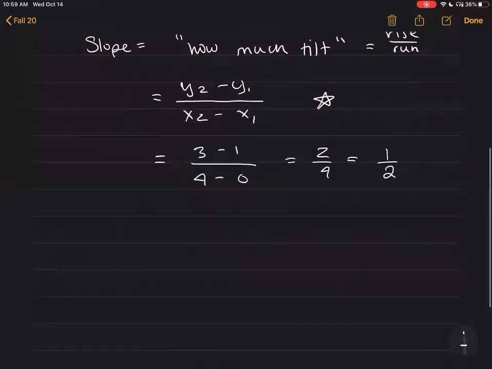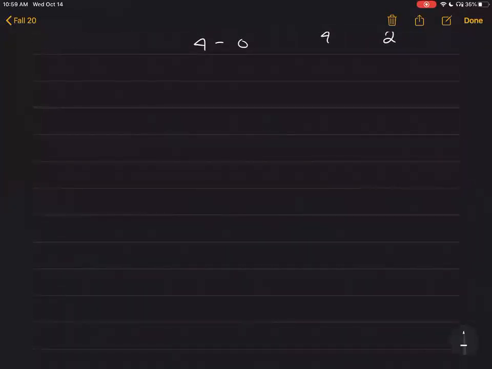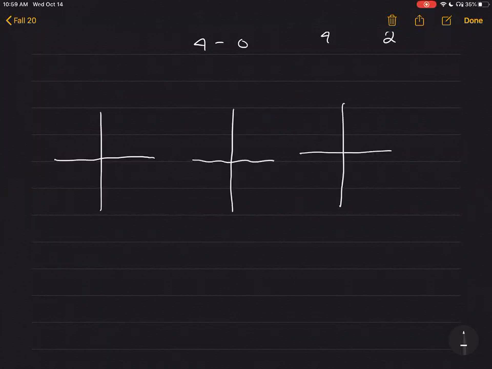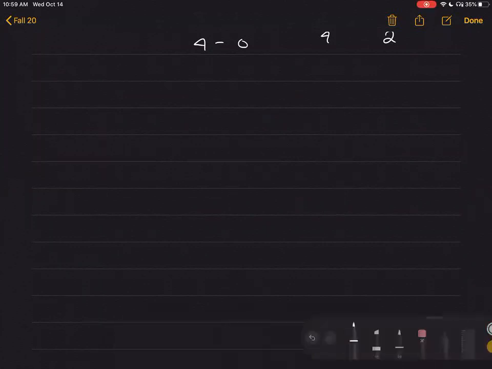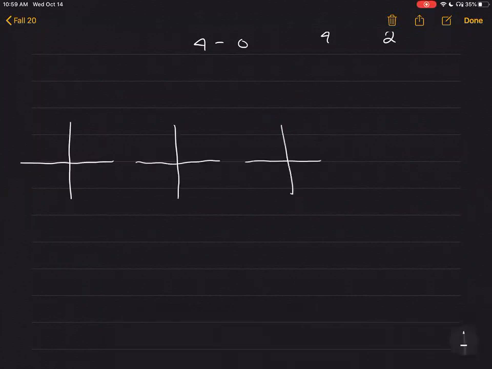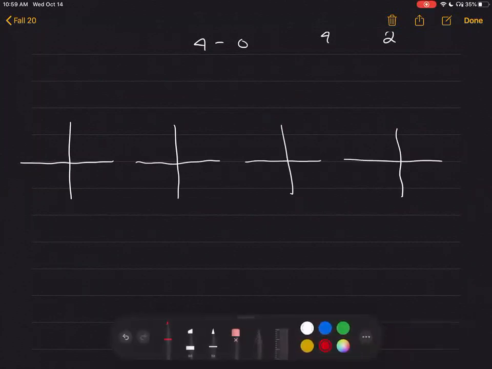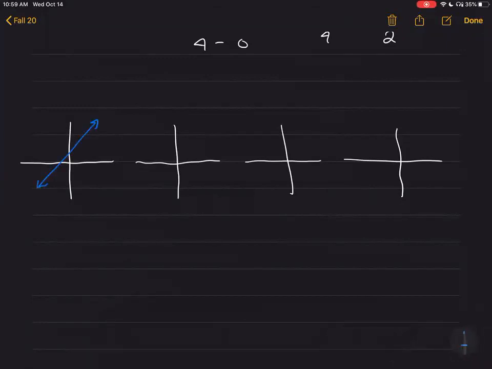Cool. So if we look at the slope of lines, there are 4 common variants that we'll see. Let's draw four of these. If we see a line pointing up, we say that this has positive slope.